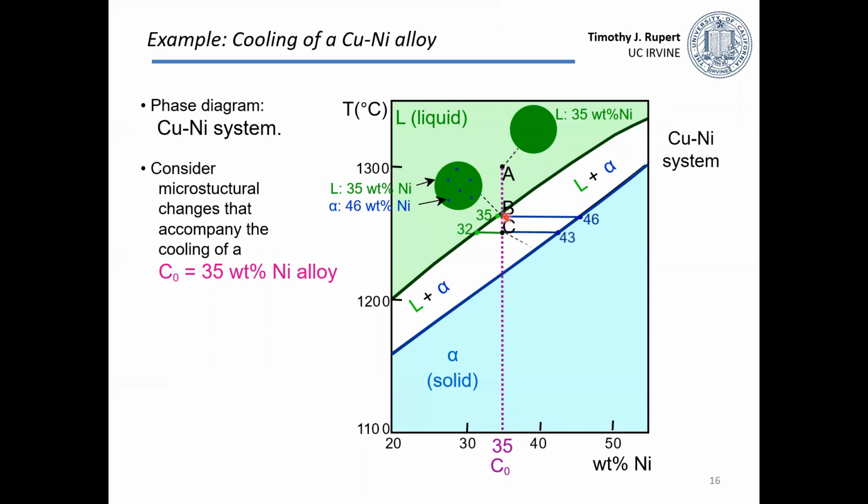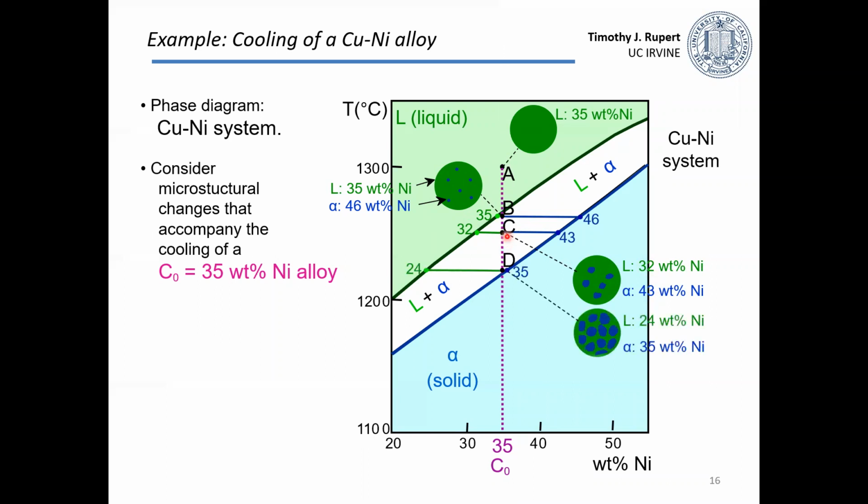As we move down further, the amount of solid is going to grow. But the other thing I want to point out is that the amount of solid is larger, but also the composition is changing as our temperature goes down. If we get down near the bottom of that two-phase region, our material will be mostly solid with just a little bit of liquid in there.